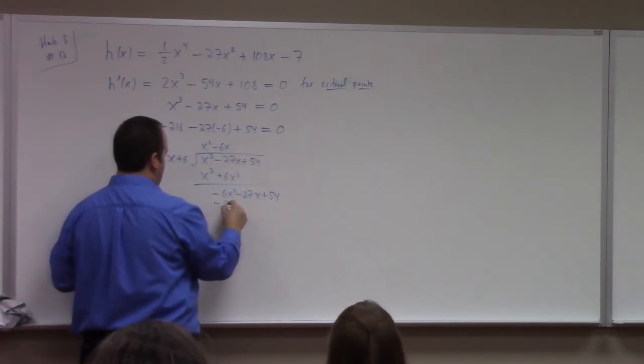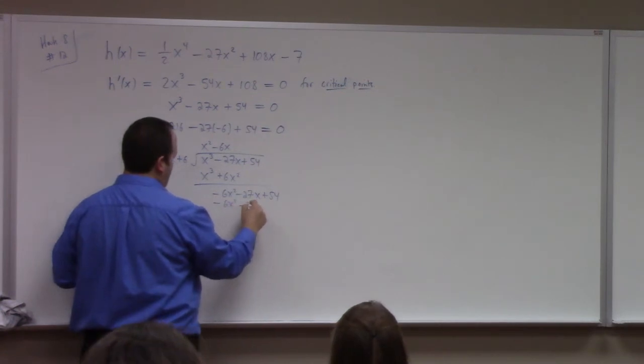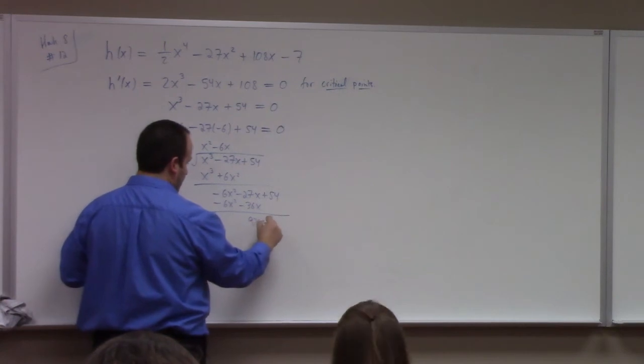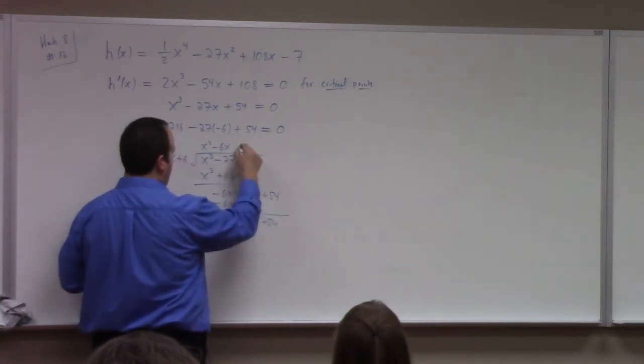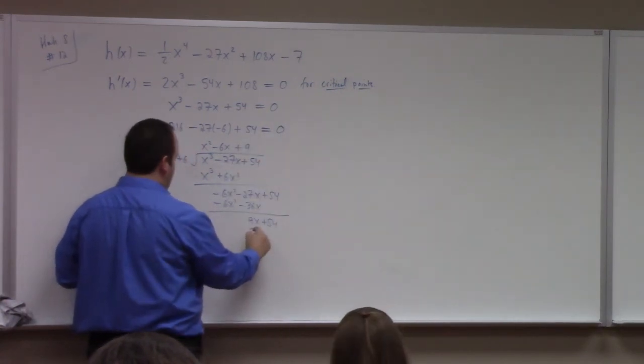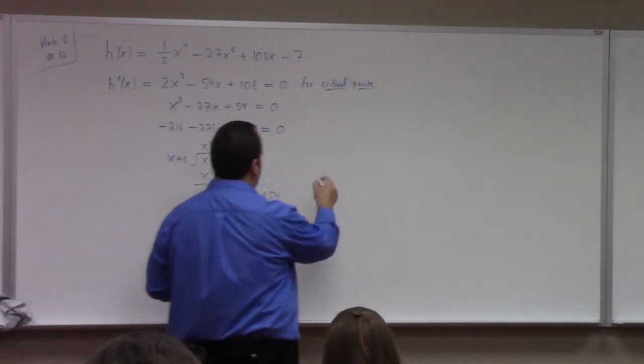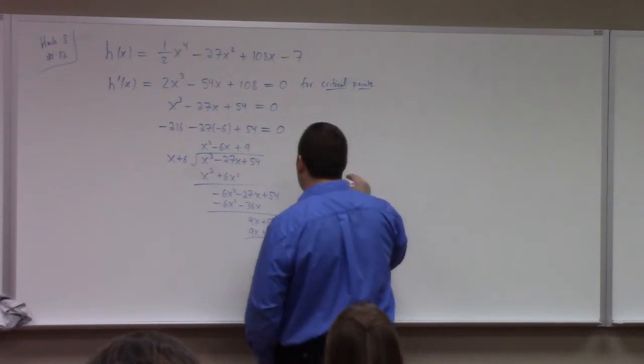That gives me minus 6x squared minus 36x. Subtract that. That gives me 9x plus 54. So I hope I add 9. And that gives me 9x plus 54. Remainder 0, yay.